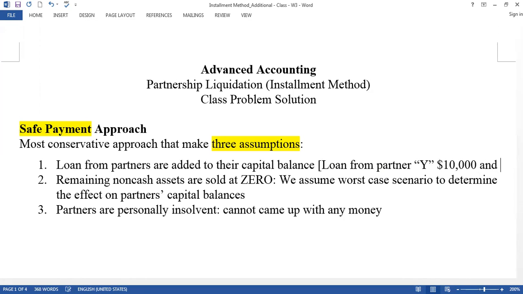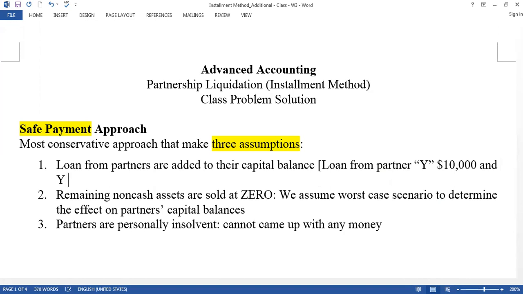And at the same time, we find that Y has a capital deficiency balance, like $15,000.